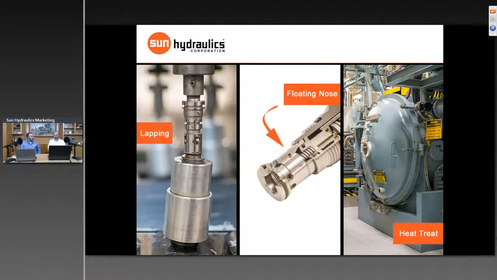Unfortunately, even though we have such a depth and breadth and a wide variety of these functions, even that isn't good enough for some very critical or very difficult applications. Even though we have this wide variety of capacities and pilot ratios to try and find just the right balance of control for an application, every once in a while we find that that's not good enough. So about 20 years ago, we started to develop another line of counterbalance valves called the load control counterbalance.